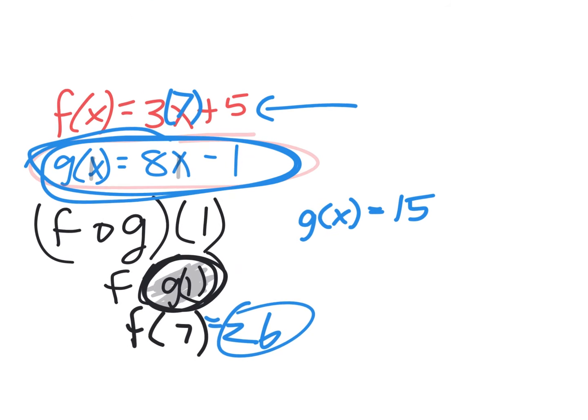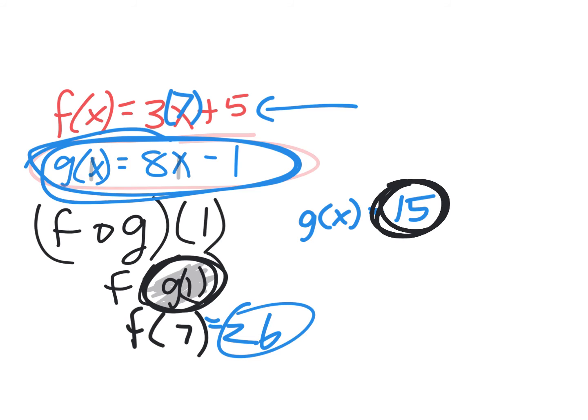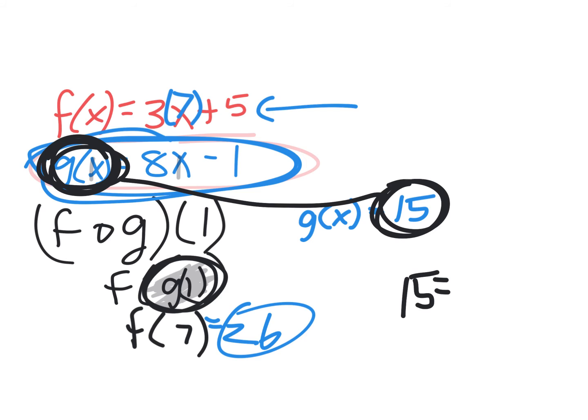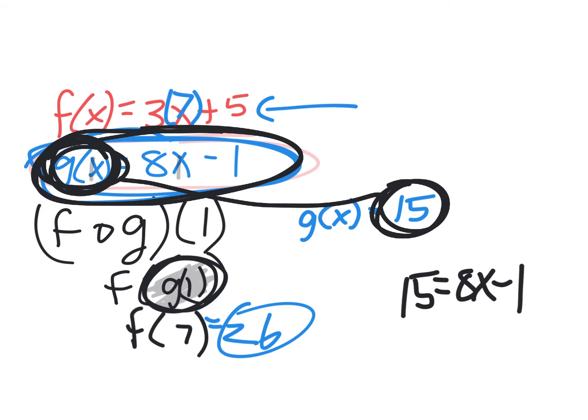All right, so if g of x is 15 and g of x is 8x minus 1, then if this is really 15, I can stick it where g of x was, which is right there. That whole thing can be a 15. So now it's 15 equals 8x minus 1. That came from this equation right here, except I replaced the g of x at the beginning with a 15.